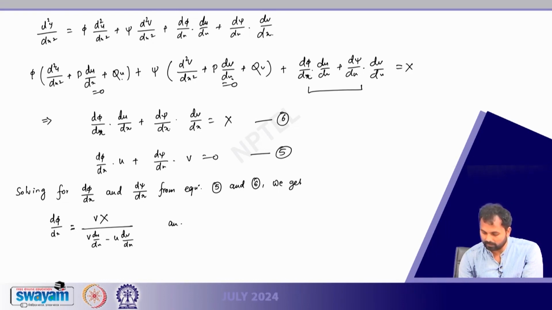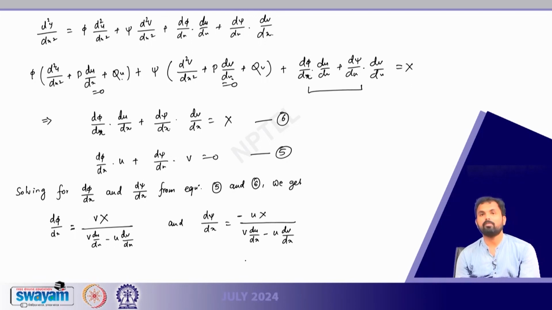And d psi by dx equals u into capital X with a negative sign, divided by v du dx minus u dv dx. This is coming from solving a 2 by 2 system, either via Cramer's rule or cross multiplication, whatever rule you know. So this can be given directly, right, and this actually gives a unique solution.